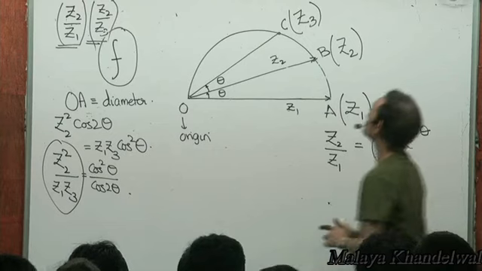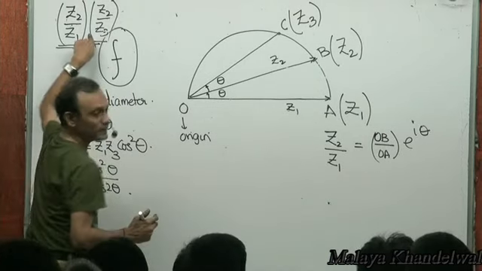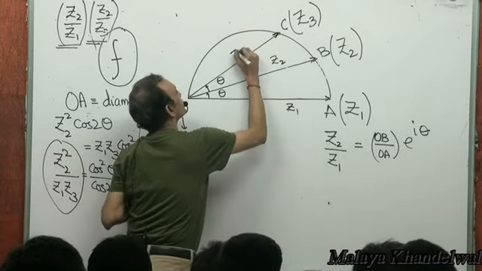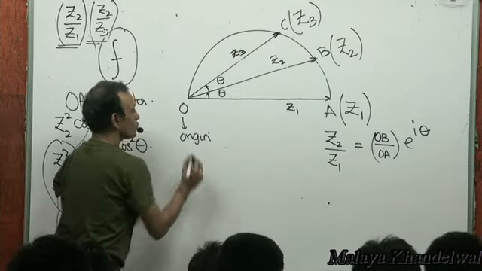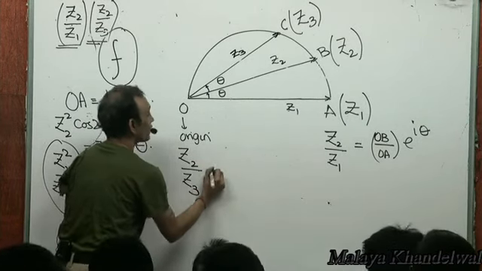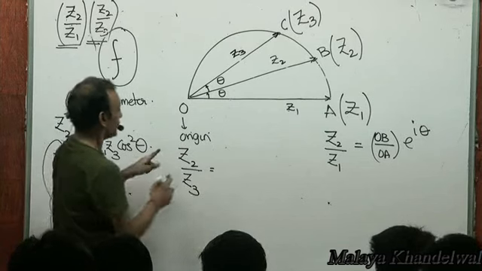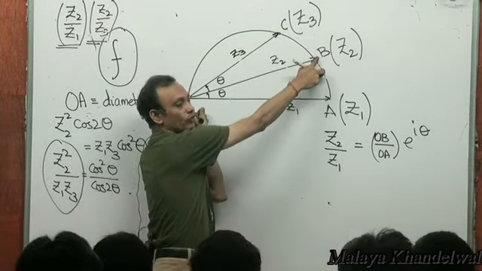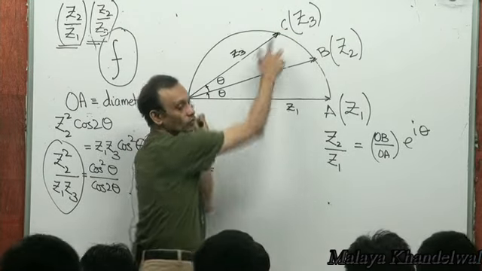Right? Now z2 by z3. This is z3. Z2 by z3 will have a modulus. That will be modulus of z2 by modulus of z3. Modulus of z2 would be OB. Modulus of z3 would be OC.